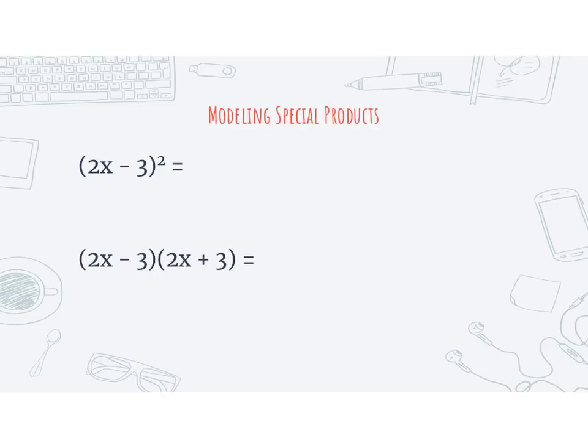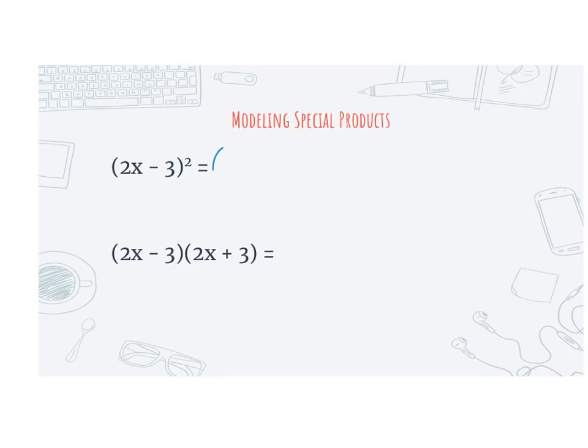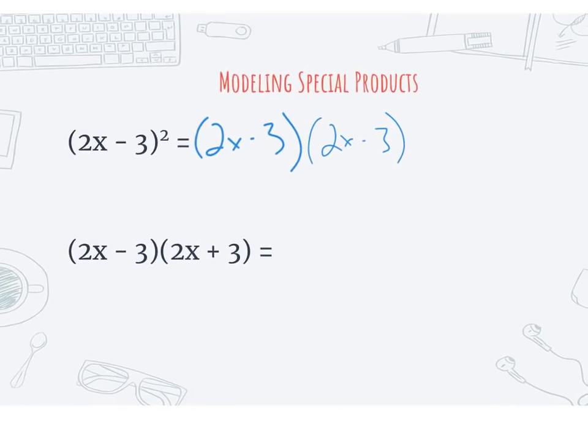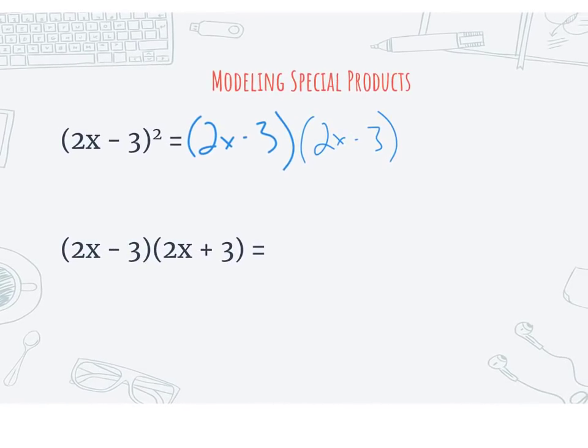So now I have 2x minus 3 squared. So I'm going to write that as 2x minus 3 times 2x minus 3. Again, we're going to distribute.